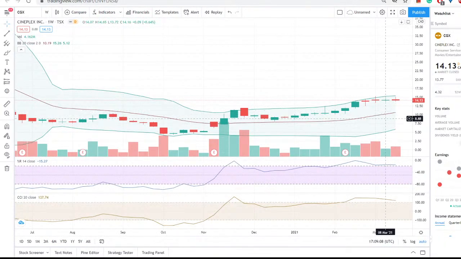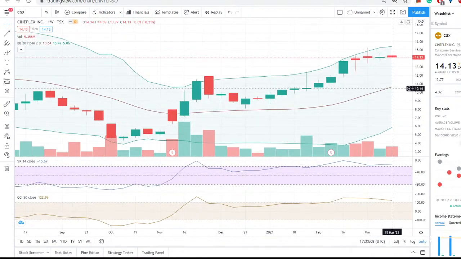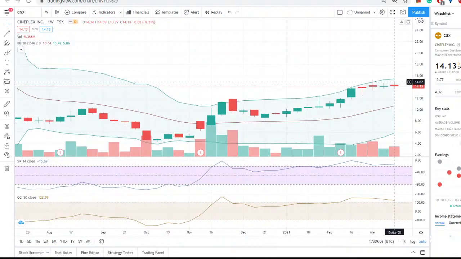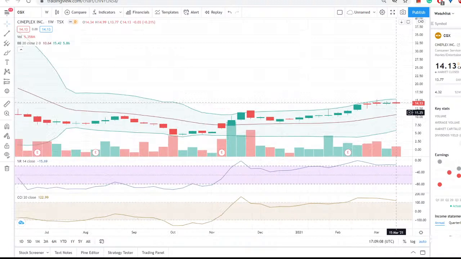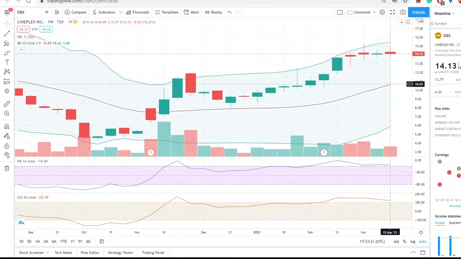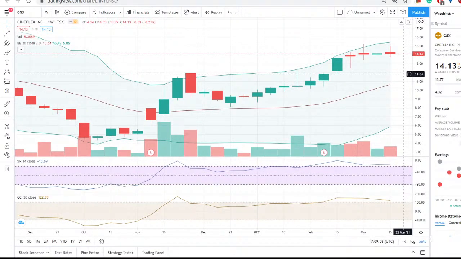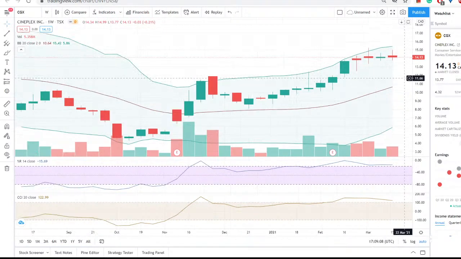So in the short term it doesn't look to go on a downward trend, but as a correction it might come down and find support close to 11.6 or 11.9.